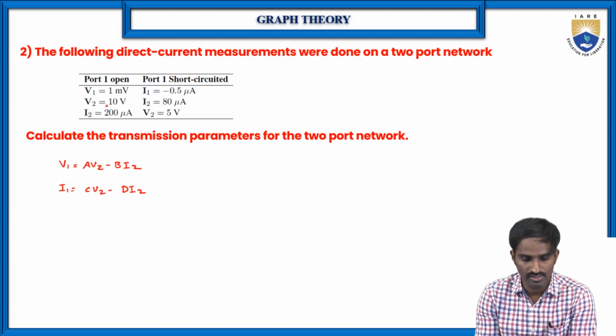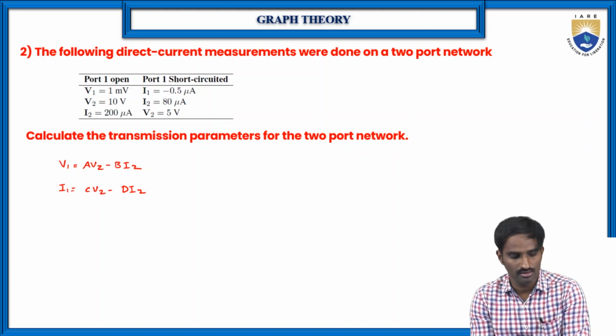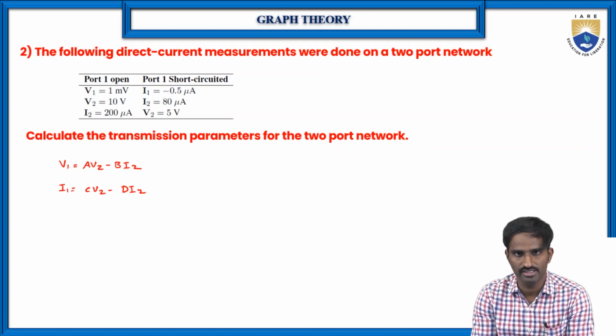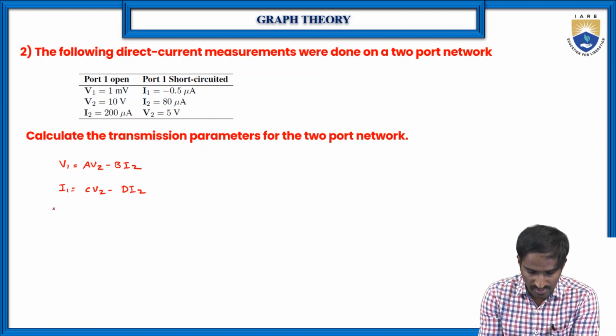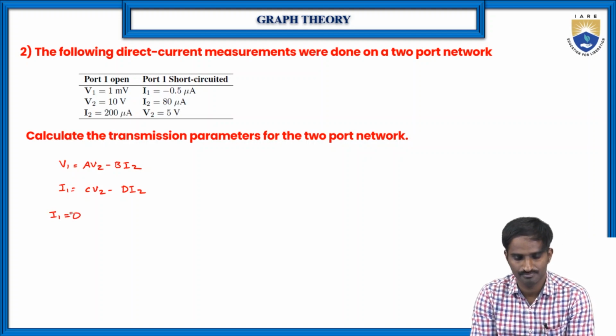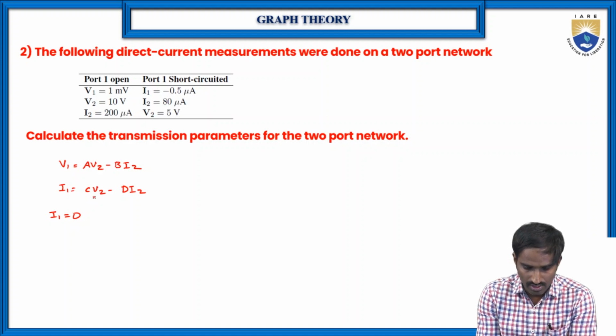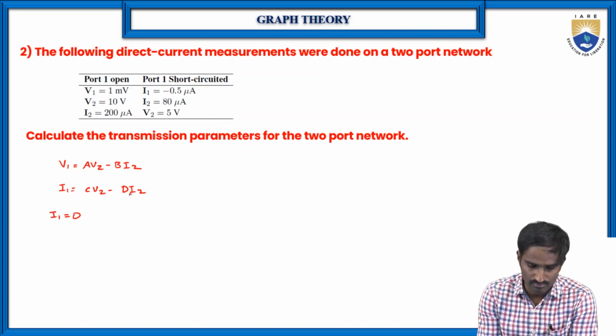First, when port 1 is open, in a reverse way that they have taken, which means the input side that they have given, port 1 open is nothing but I1 equal to 0. Substitute all other values. When I1 is equal to 0, the values that they have given are V1, V2 and I2, right?